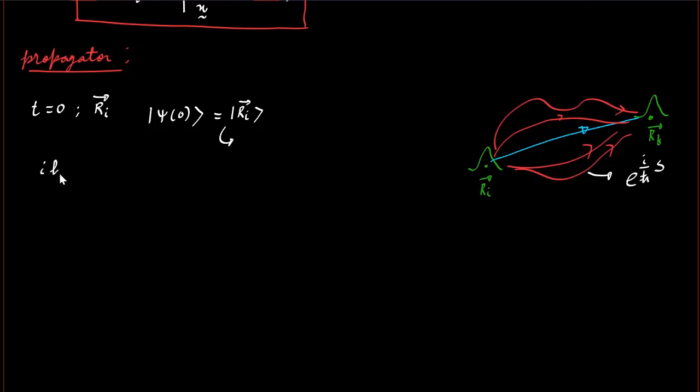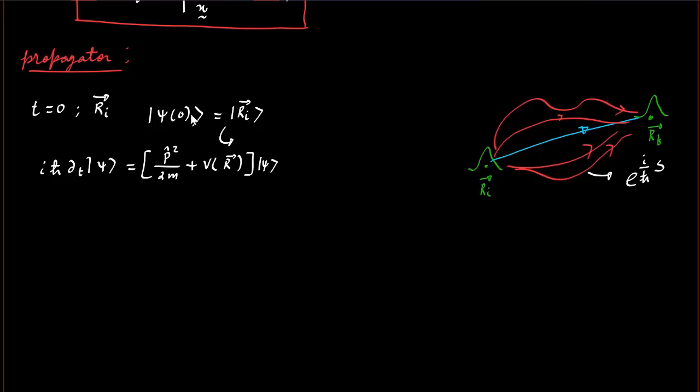The Schrodinger equation is given as i h cross del t of the state vector psi equals the kinetic energy term, that is the momentum term, plus the potential, which is a function of the position vector, acting on psi. By solving this Schrodinger equation, we can find the evolution of this state.